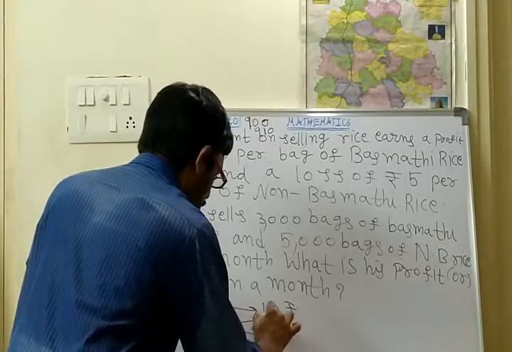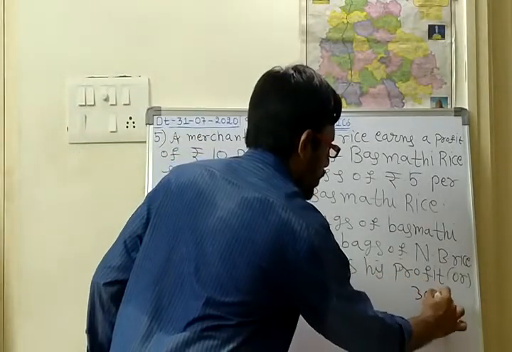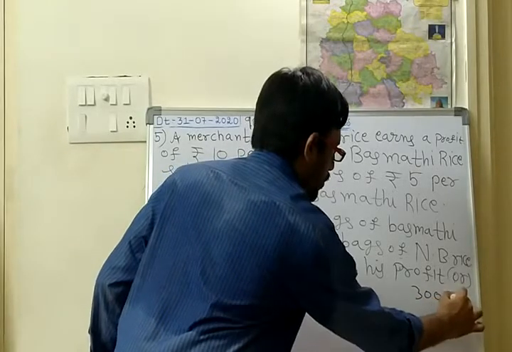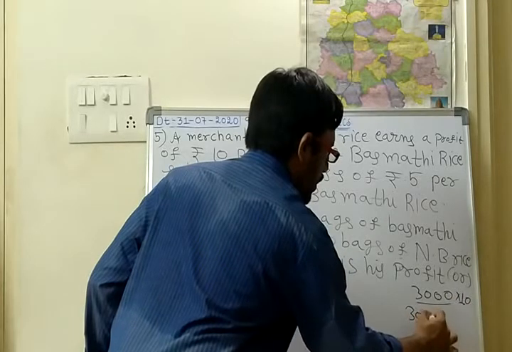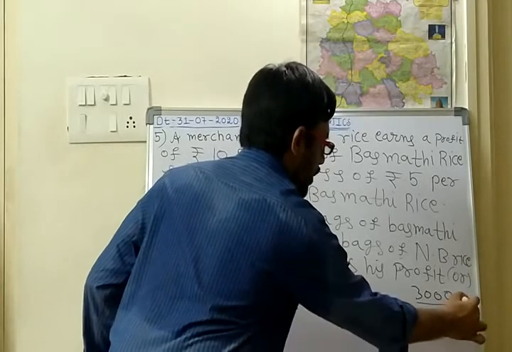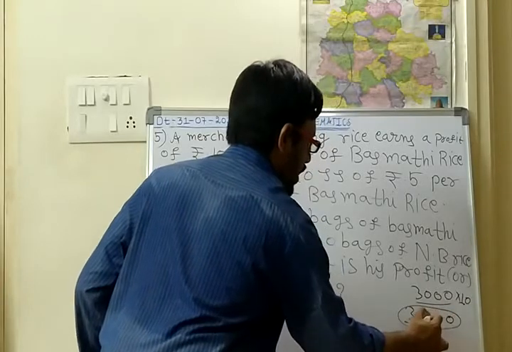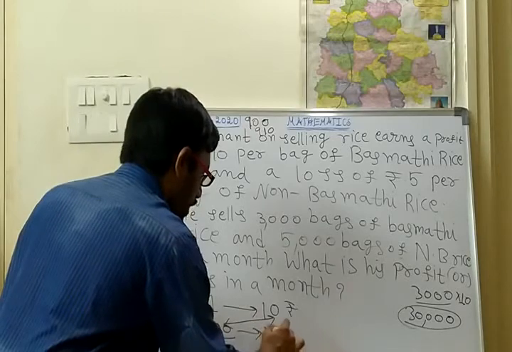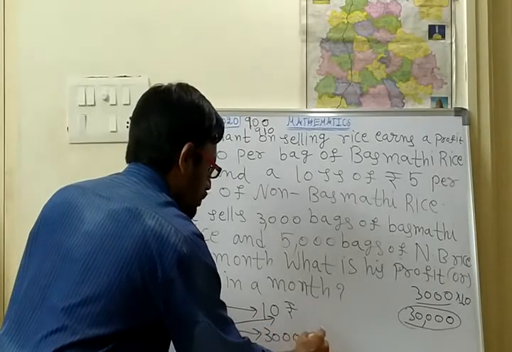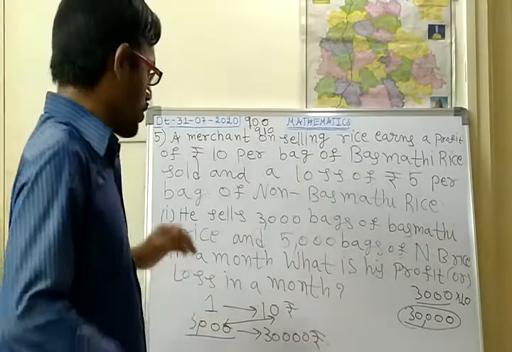What is 3000 into 10? 3000 into 1 is 3000, and here one more zero is there, so 30,000. So for 3000 bags he got 30,000 rupees profit. For every bag he got 10 rupees, so extra 30,000 he got.